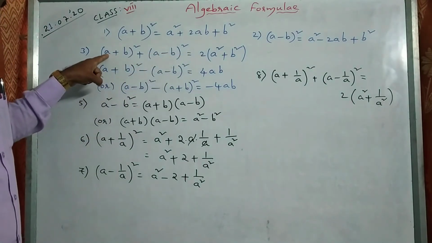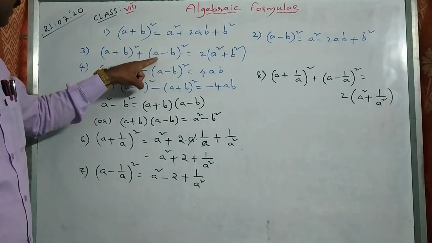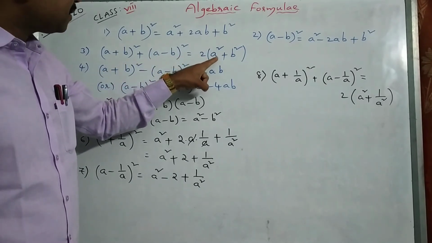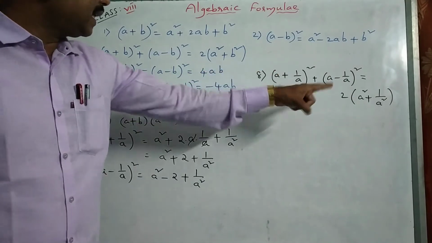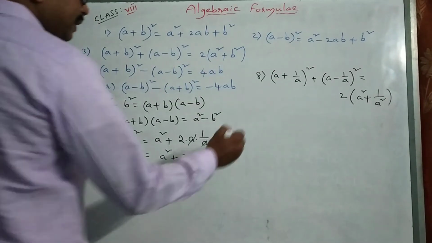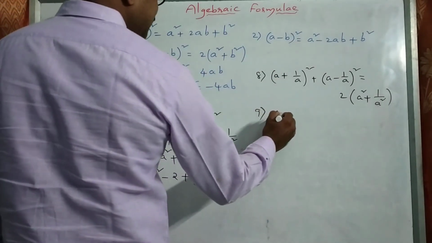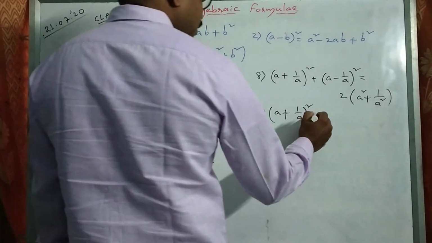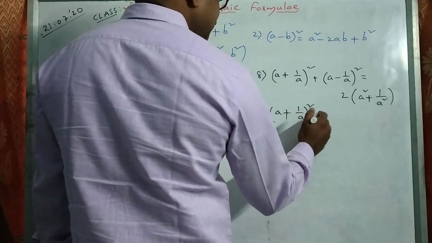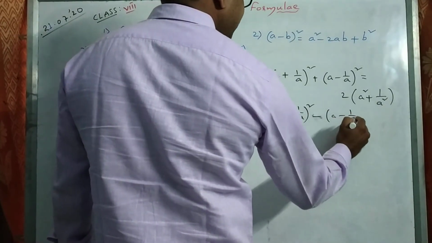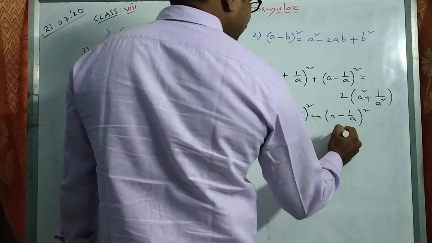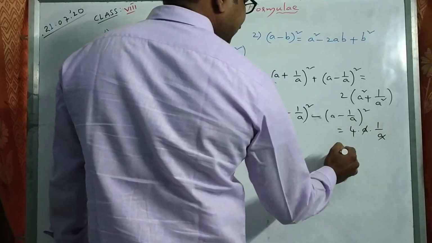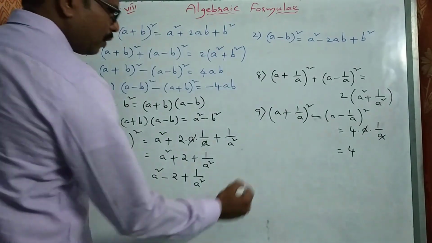Otherwise here you see (a plus 1 by a) whole square plus (a minus 1 by a) whole square equal to 2 of (a square plus b square), where b square means I am writing (1 by a) square. Okay. Similarly, if I subtract, (a plus 1 by a) whole square minus (a minus 1 by a) whole square equal to 4ab. 4ab means 1 by a cancel, will be 4.